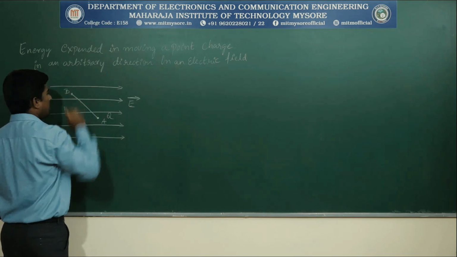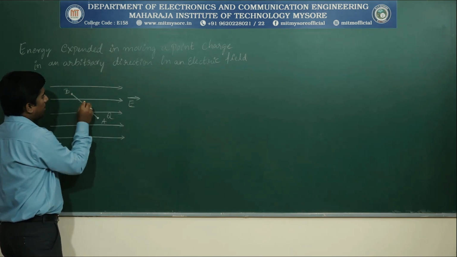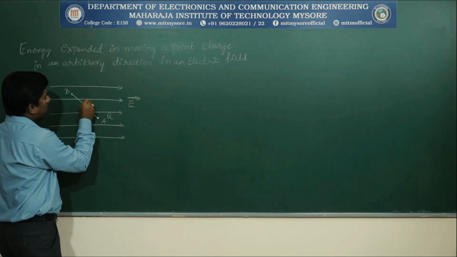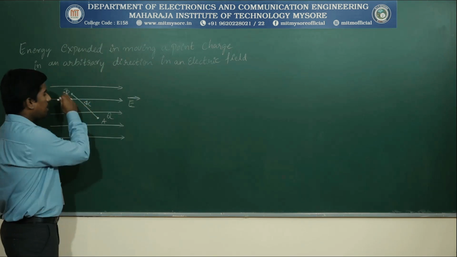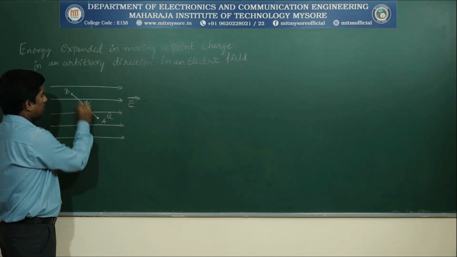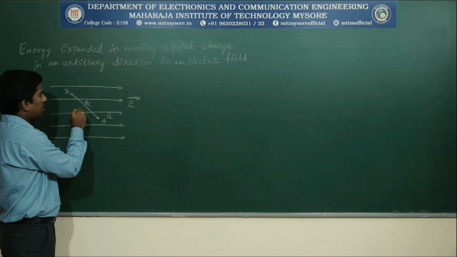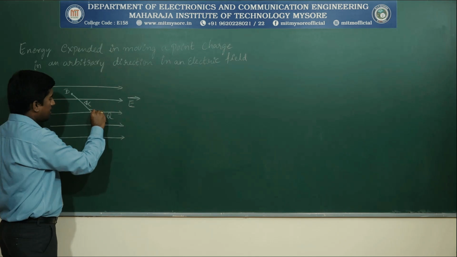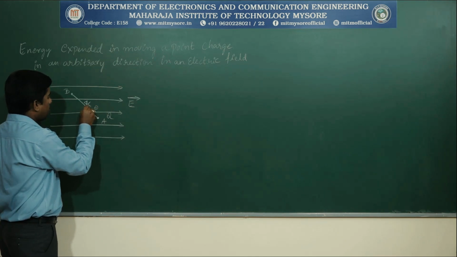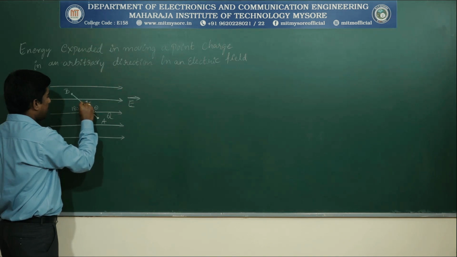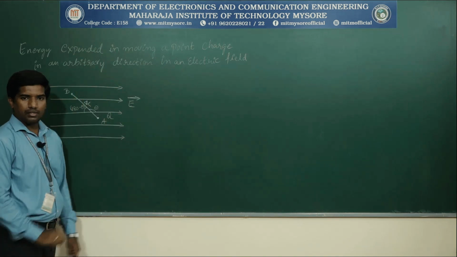The length from A to B is delta L, an arbitrary small length. The differential length delta L forms an angle theta with the direction of the electric field. Then the opposite angle is 180 minus theta, right? This angle is 180 minus theta.